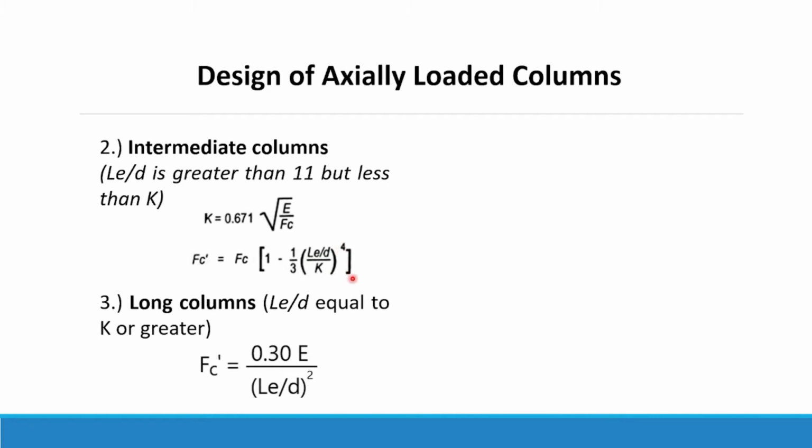And this will be used if it is an intermediate column. And last, long column, where LE over D is equal to K or greater. We will use the allowable compressive stress, FC prime, which is equal to 0.3 E all over LE over D squared.